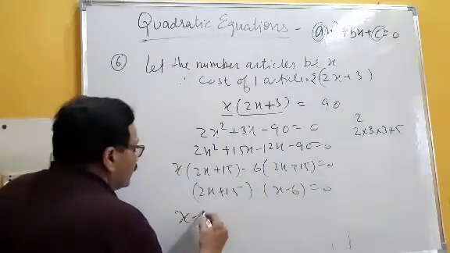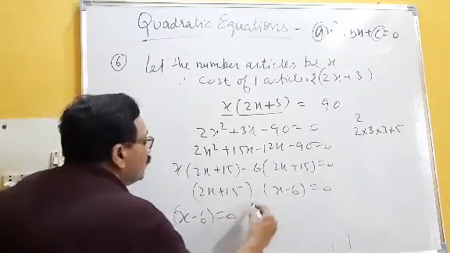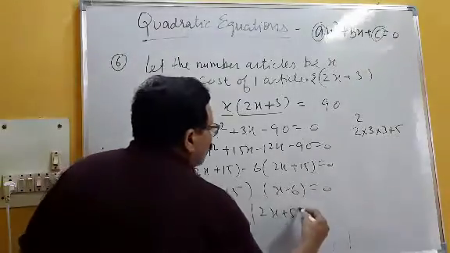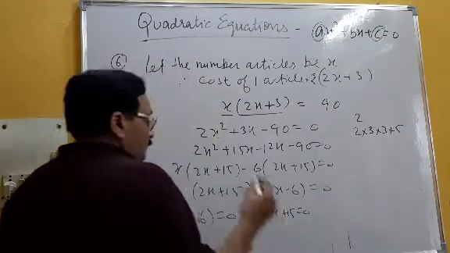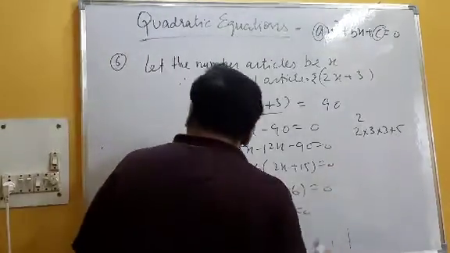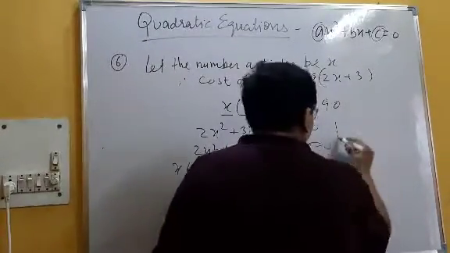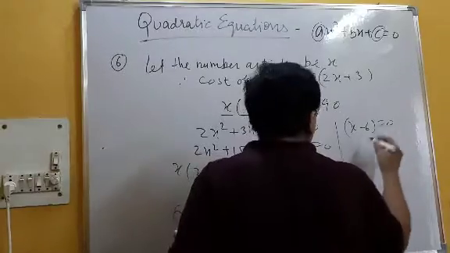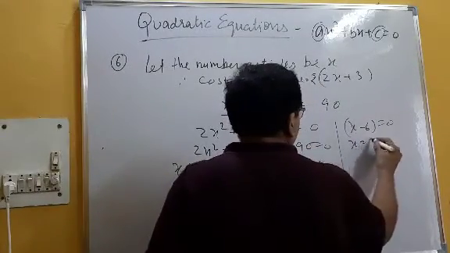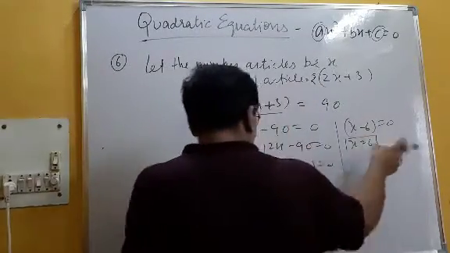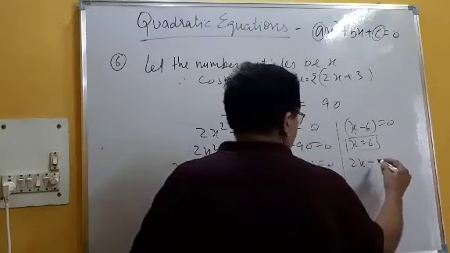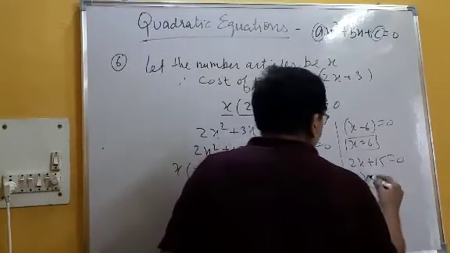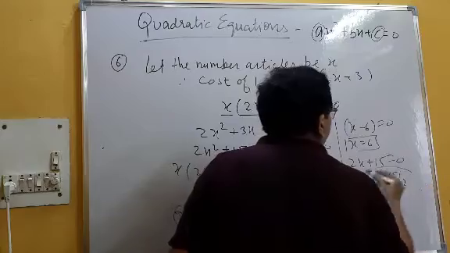You will get x minus 6 equal to 0 and 2x plus 15 equal to 0. So after getting the solutions, x minus 6 equal to 0 gives you x is equal to 6. Because of less space I am writing like this: 2x plus 15 is equal to 0, x is equal to minus 15 upon 2.